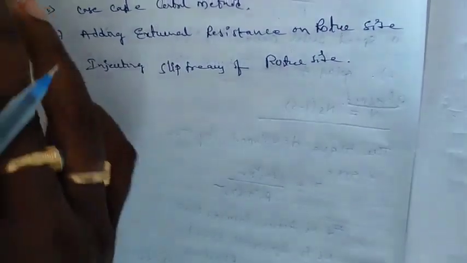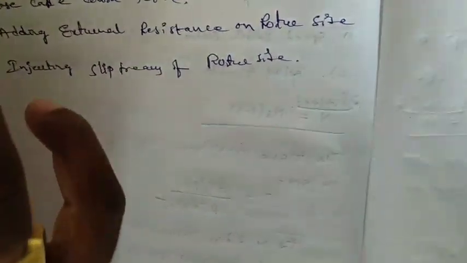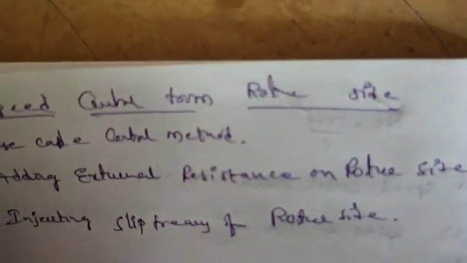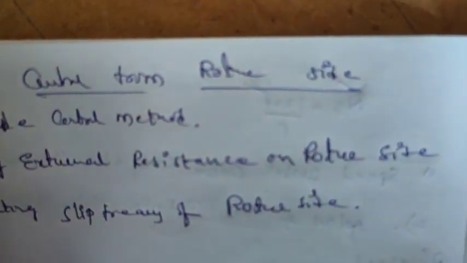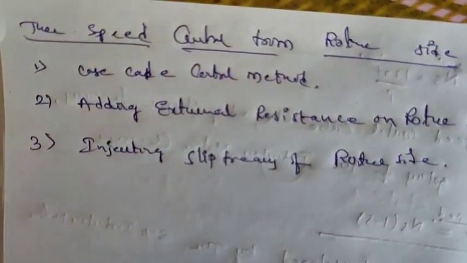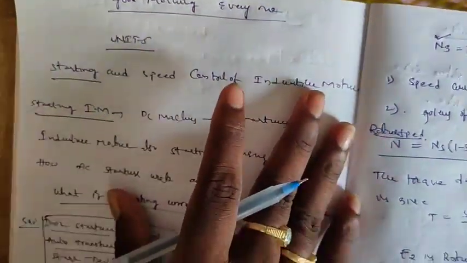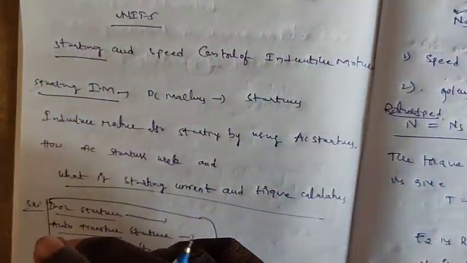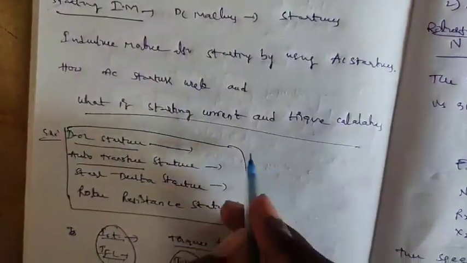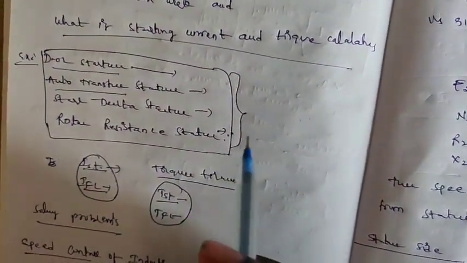This is the introduction about 15-8, where mainly we have starting and speed control. For starting purposes we can use the starters, and the four starters will be explained individually.